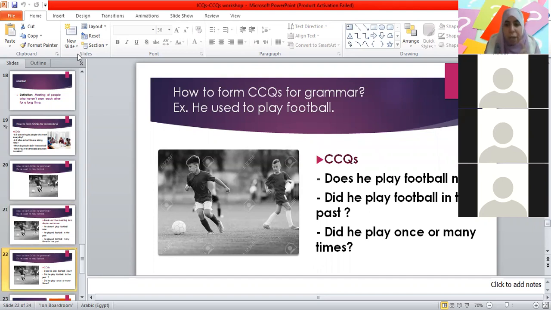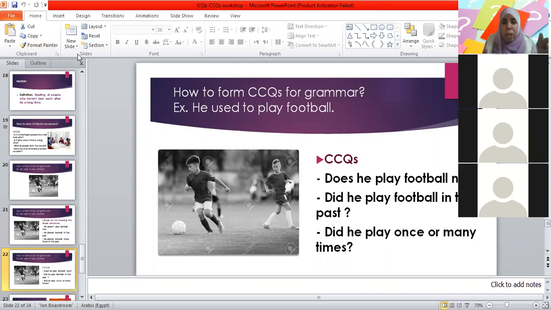No. Did he play football in the past? Yes. Did he play once or many times? Many times. So he used to play football in the past, but now he stopped or now he doesn't play.